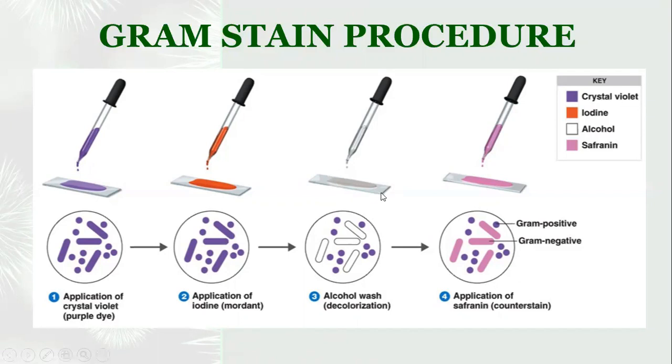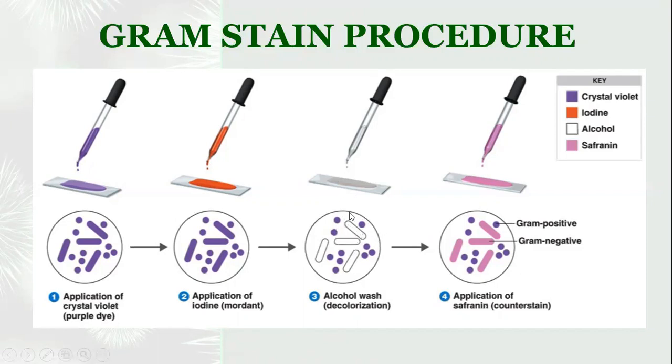Then treat with decolorizer, that is ethanol or acetone. In this picture you can see all the gram-negative bacteria lost the primary stain because of the thin layer of peptidoglycan and thick layer of lipid content. The lipid content dissolved and so it eliminated the primary stain crystal violet.